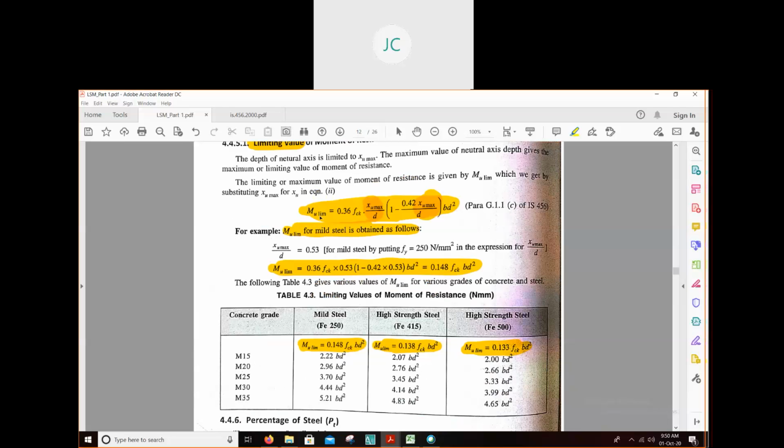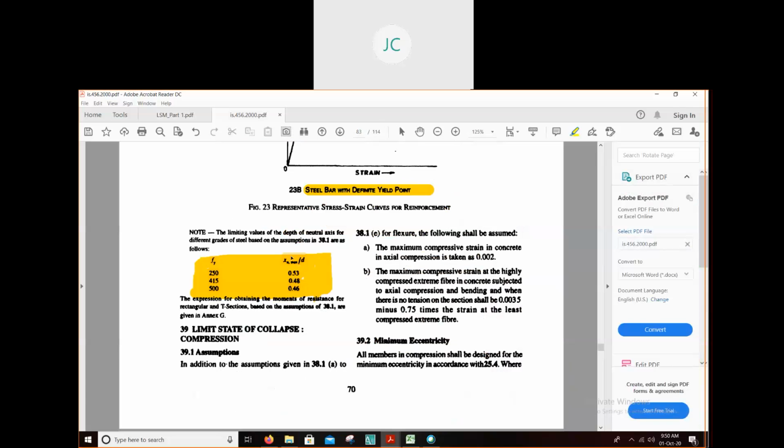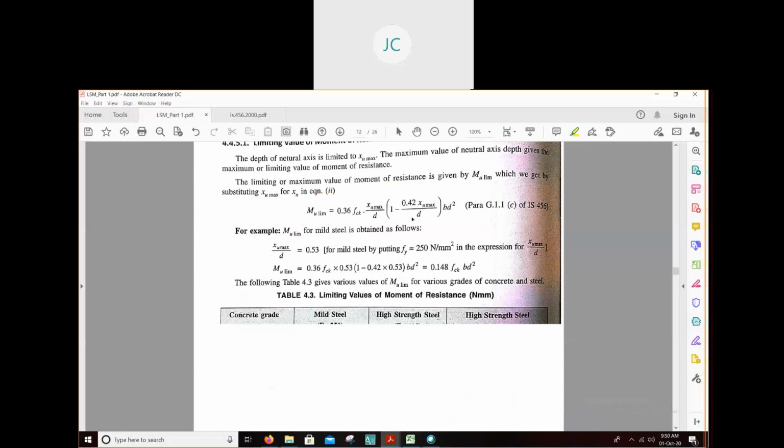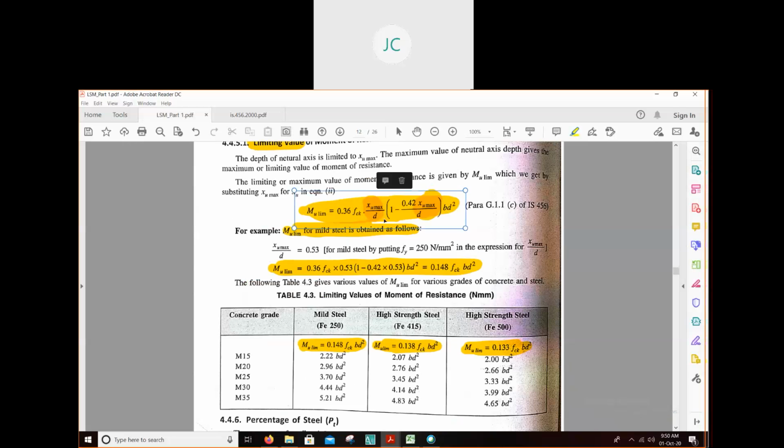Now you see here in the PDF, if you are using mild steel and you need to find the limiting moment of resistance, the value of XU max by D is 0.53 according to IS 456. If you put this value 0.53 in place of XU max by D in this equation and simplify it, what value will you get?